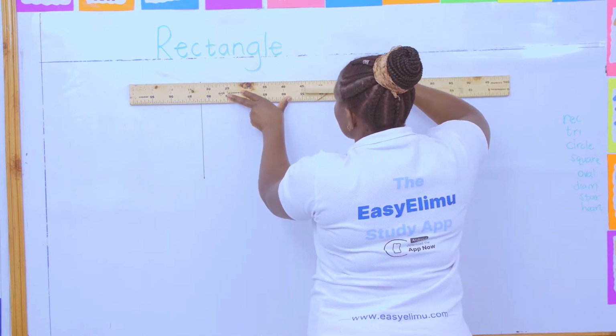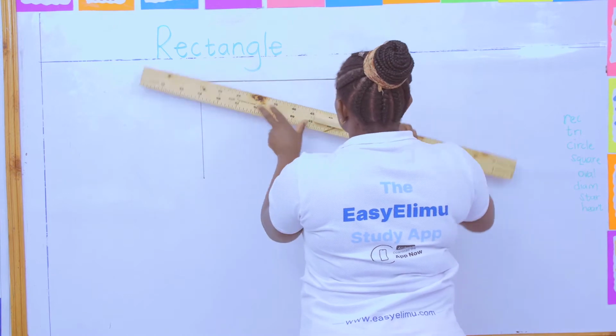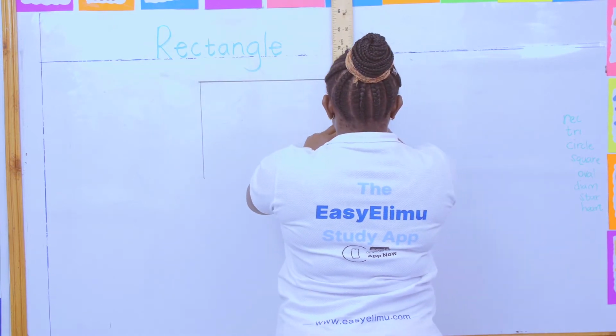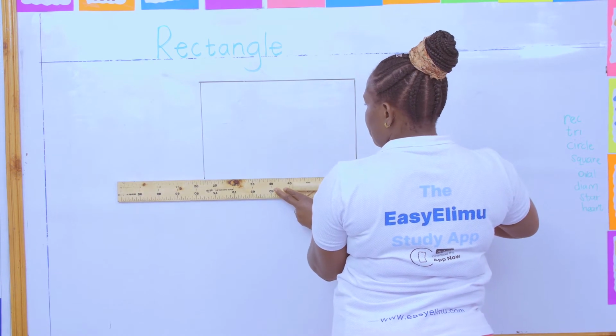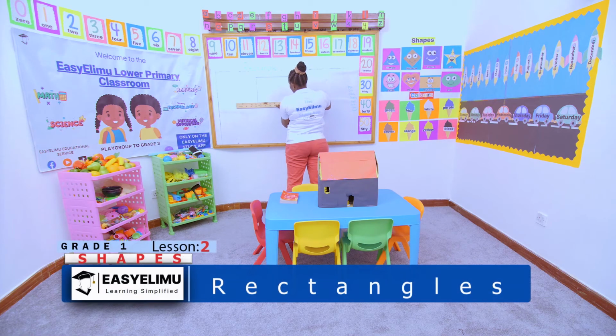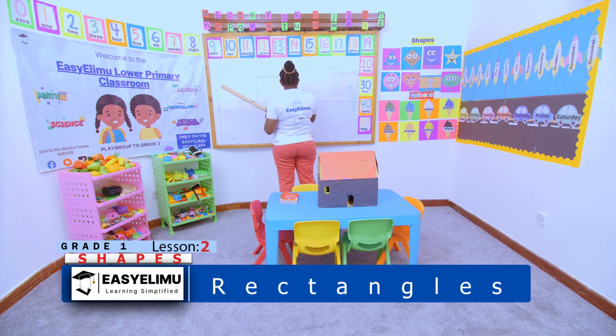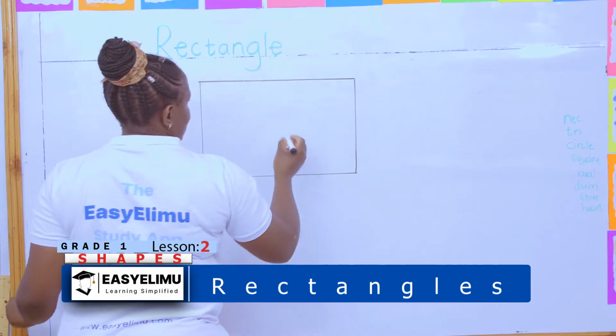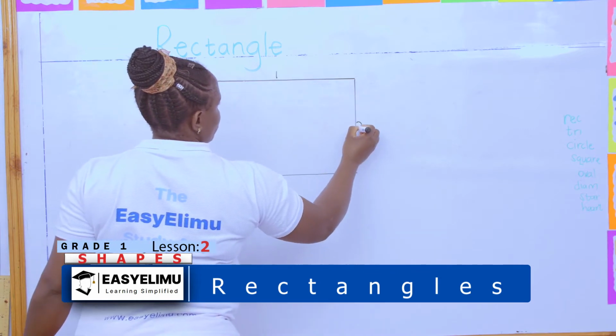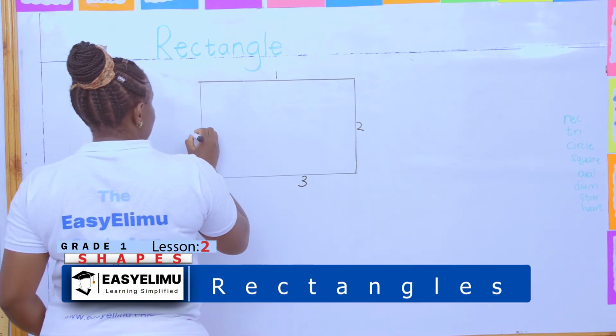What can you say about this rectangle shape, like the board? Teacher, it has four sides. Yes. 1, 2, 3, and 4.